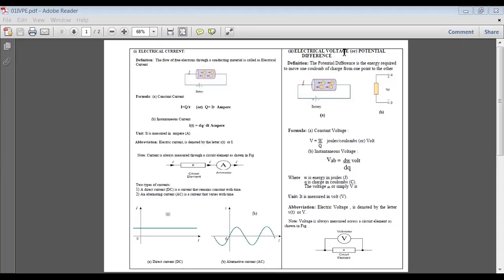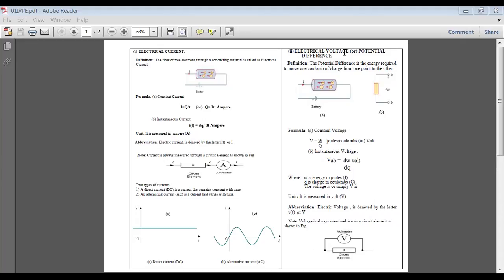Now come to the formula. Constant voltage, capital V, is equal to work by charge. And v is equal to instantaneous voltage, v is equal to change in work by change in charge.